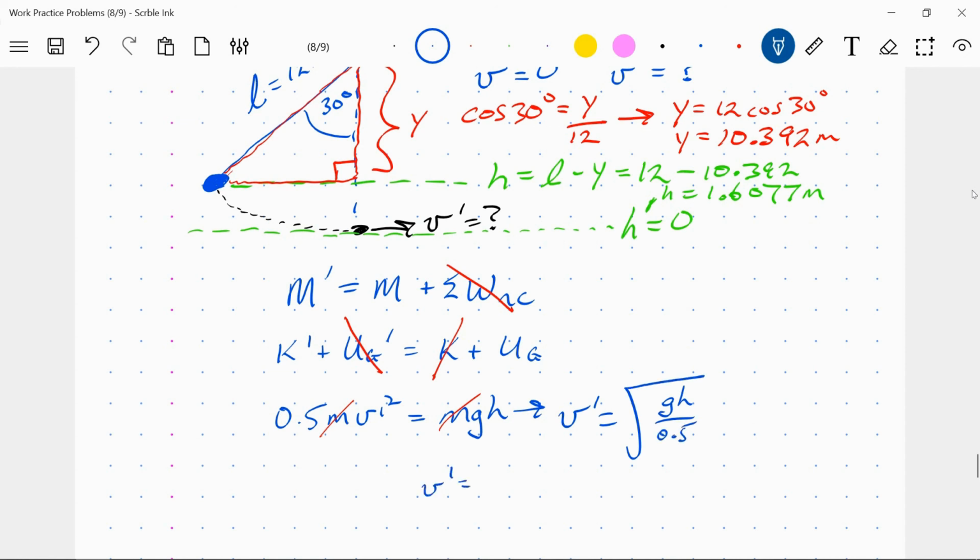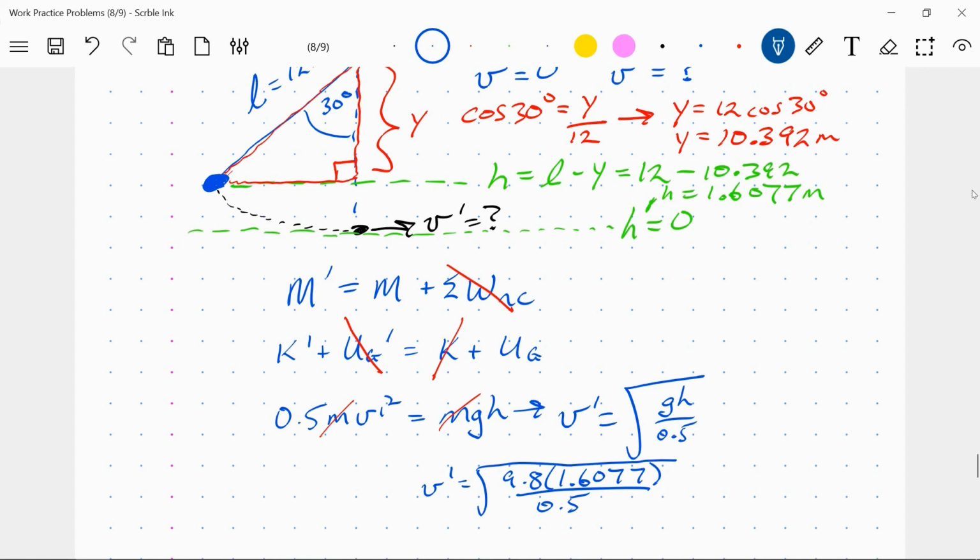So v prime is equal to the square root of 9.8 times that height that I found over here in green, 1.6077, all of which is over 0.5 inside of the root.